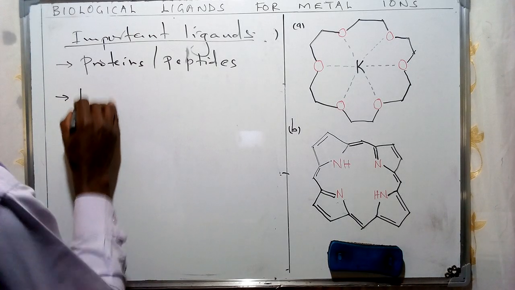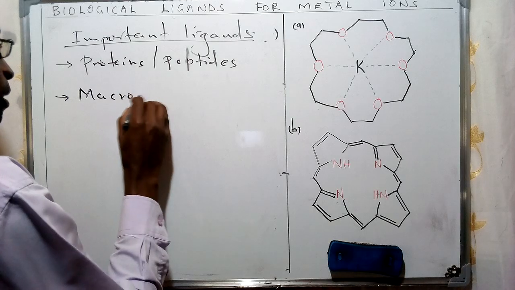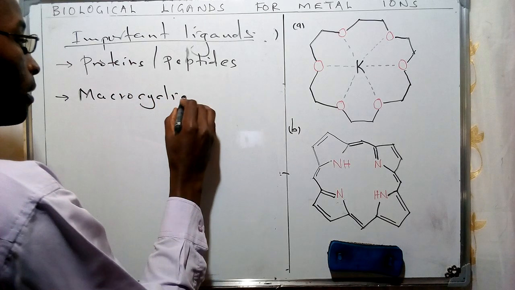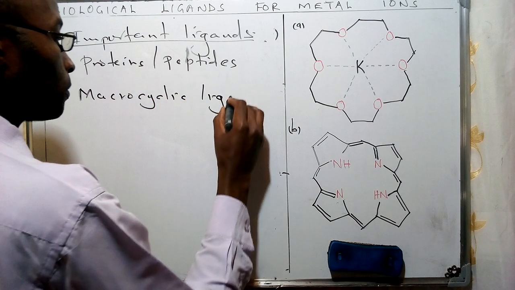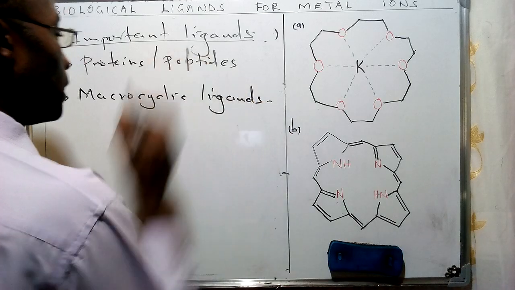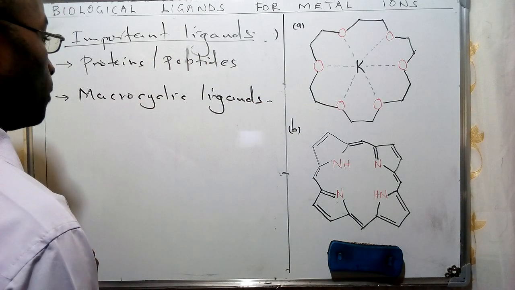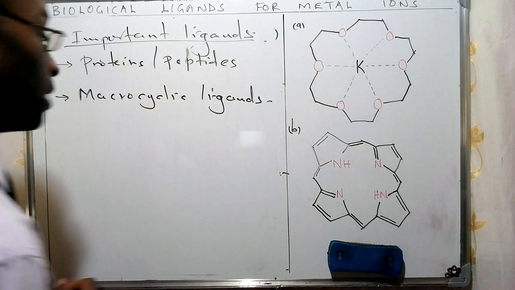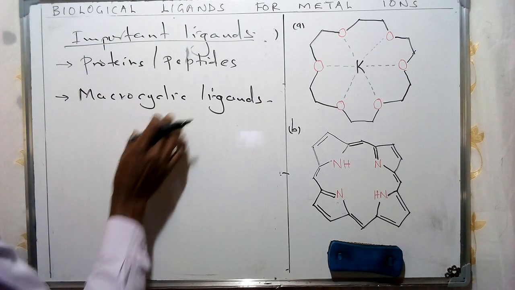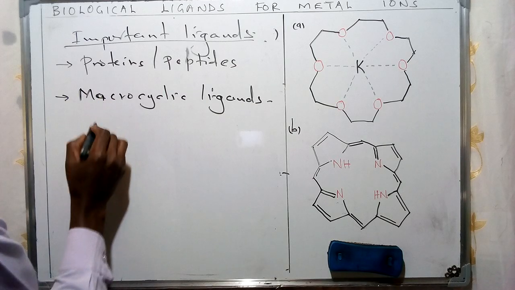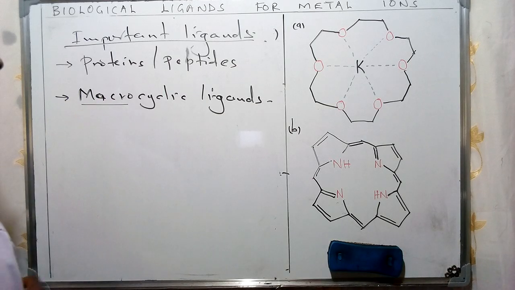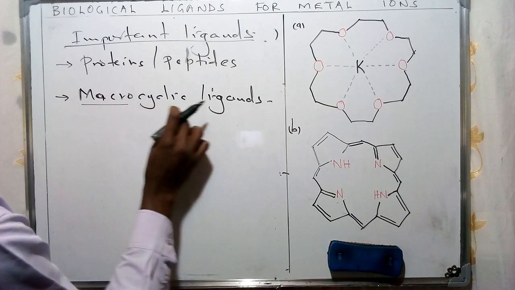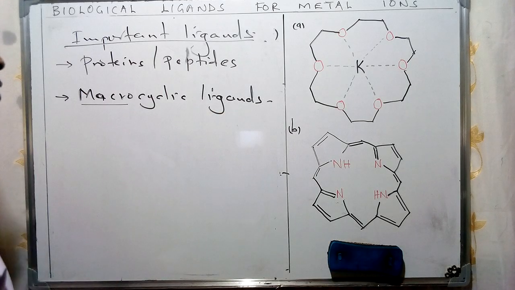We shall look as well at macrocyclic ligands. From a study of geometry, we talked about aliphatic compounds and cyclic compounds. In this case, we have the prefix macro, referring to large, and therefore large cyclic ligands or molecules which we are going to come across.